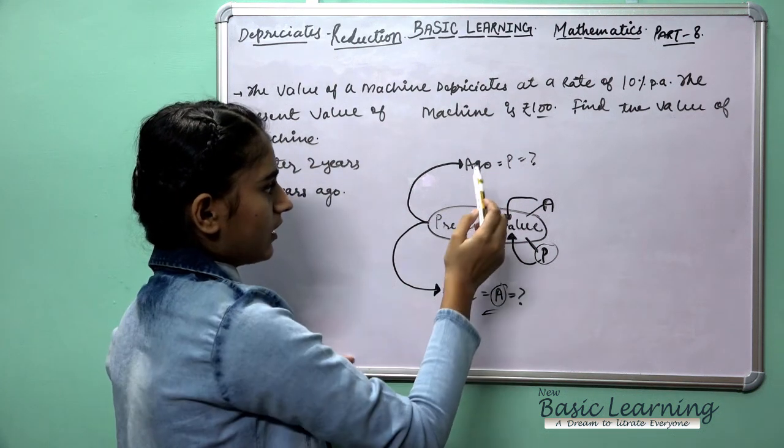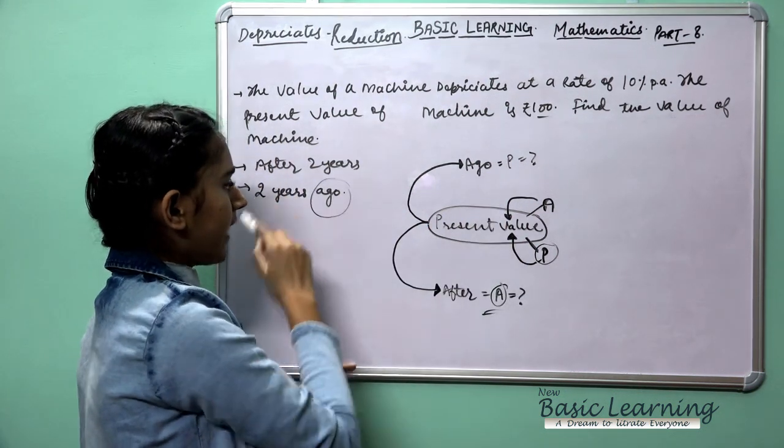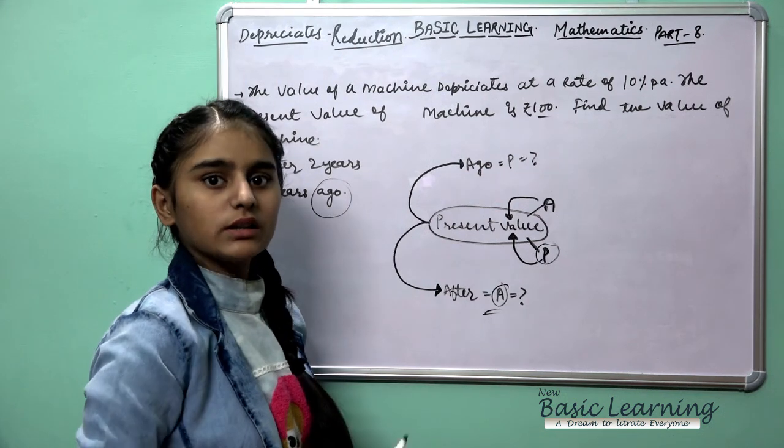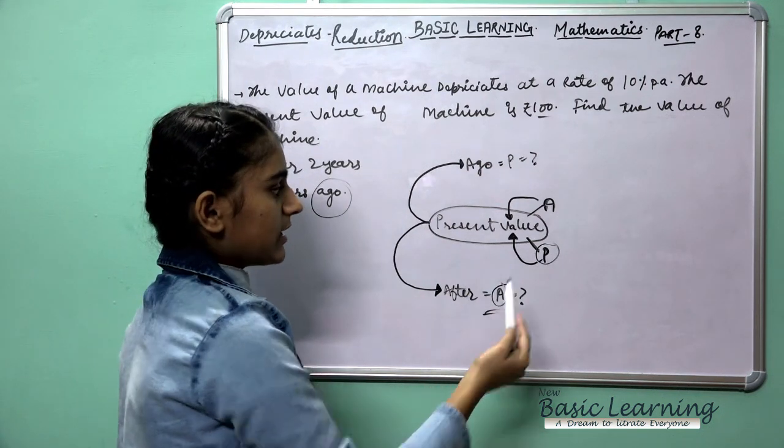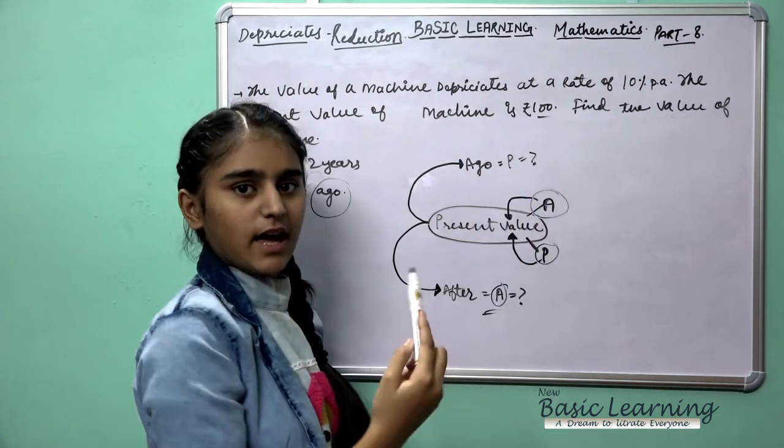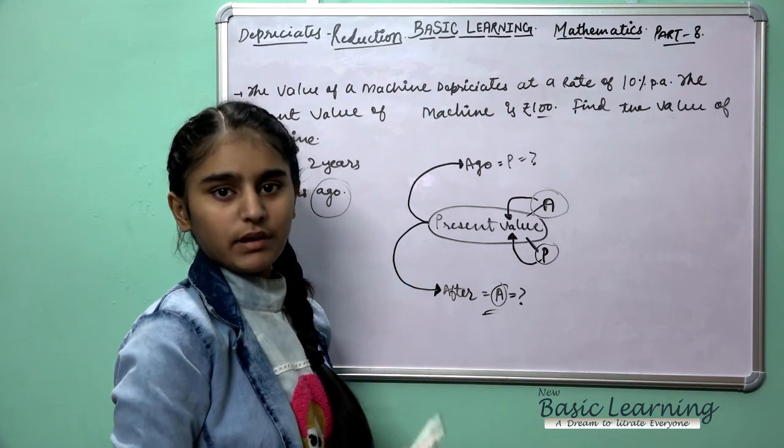Now when we are calculating for the ago part, 2 years ago or 3 years ago, then the present value is taken as amount and you need to find the principal.